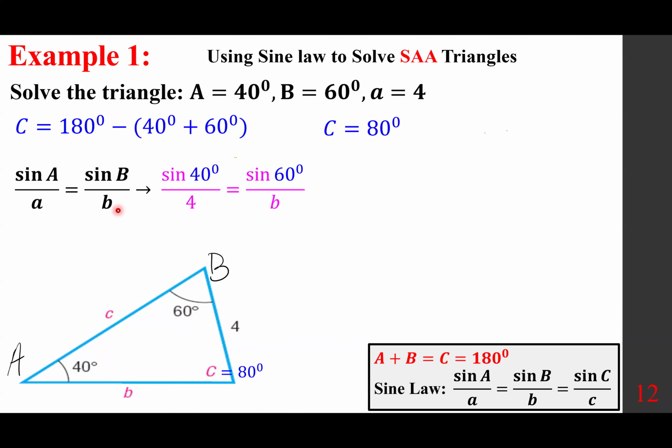Now, I hope you recognize the cross product, b times this, 4 times that. So b becomes the product of these two divided by sine 40. Let me just show the cross product. The product of these two and the product of these two are the same. So b is 4 sine 60 over sine 40. Although sine 60 is square root of 3 over 2, and we know that, we don't know sine 40. So we're going to put this into a calculator.